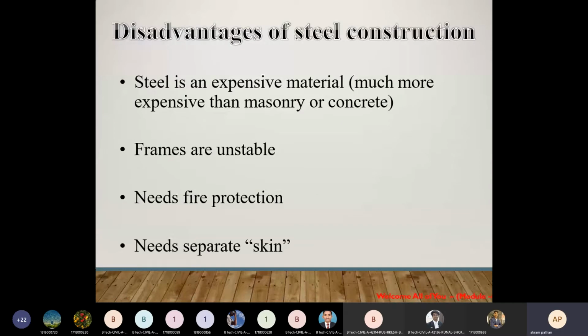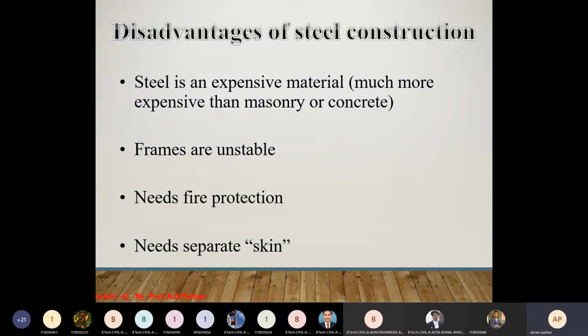If you want to join one member to another member, we can join with the help of various connecting methods such as bolting, riveting, or welding. So there is a possibility of instability at the joints. Care should be taken while making joints in steel construction.